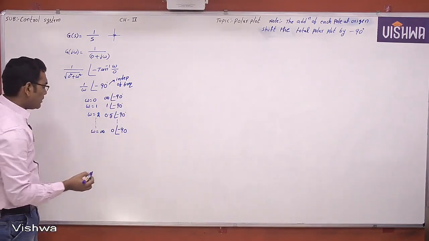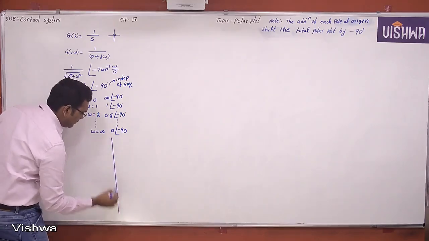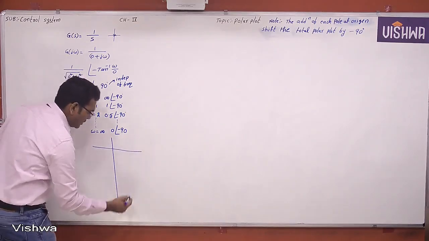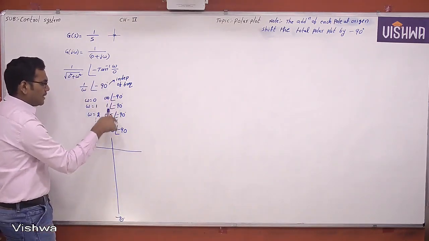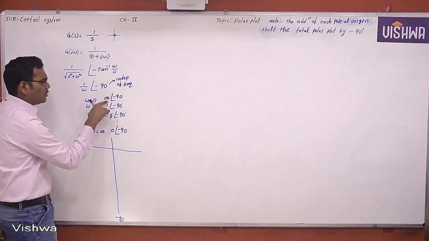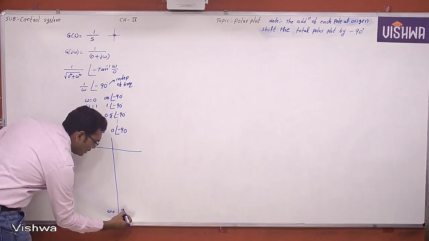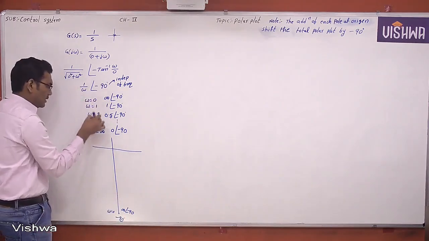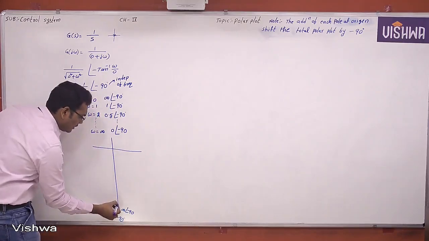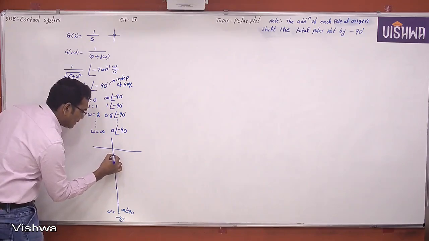Therefore, you select the minus 90 degrees line first. Where is the minus 90 degrees line? This is the minus 90 degrees line. On the minus 90 degrees line, what is the starting magnitude? The starting magnitude is infinity, when omega equal to 0. As frequency is increasing, the magnitude is decreasing, decreasing, decreasing.